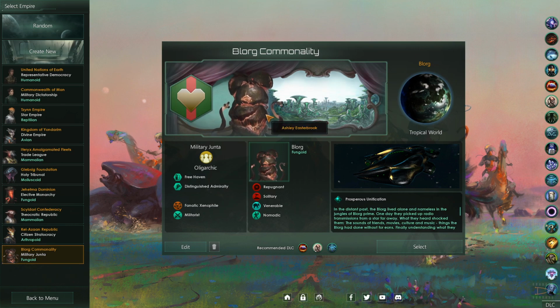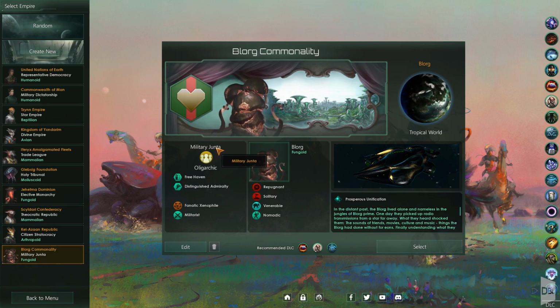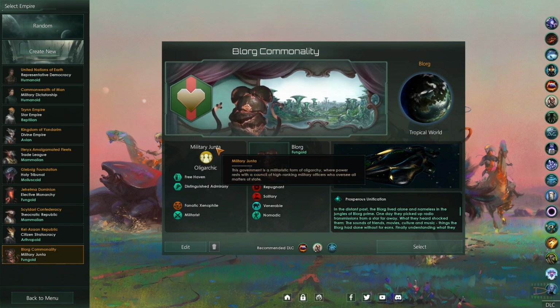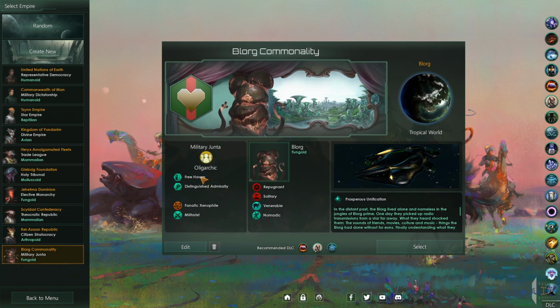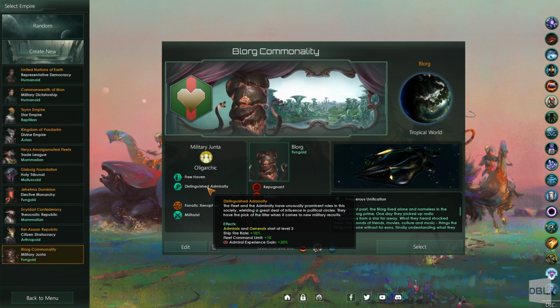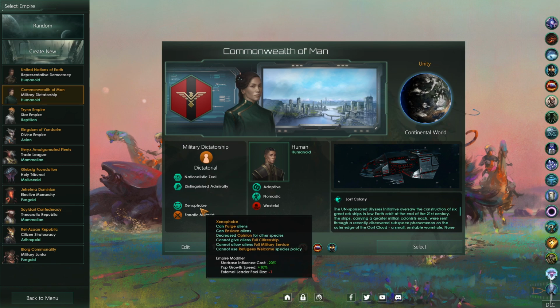Like, I don't know. I feel like this is kind of silly. Military junta, militaristic form of oligarchy where power rests with a council of high-ranking military officers who oversee all matters of state. We've read that. Distinguished admiralty. Did we read that? Yes, we did.